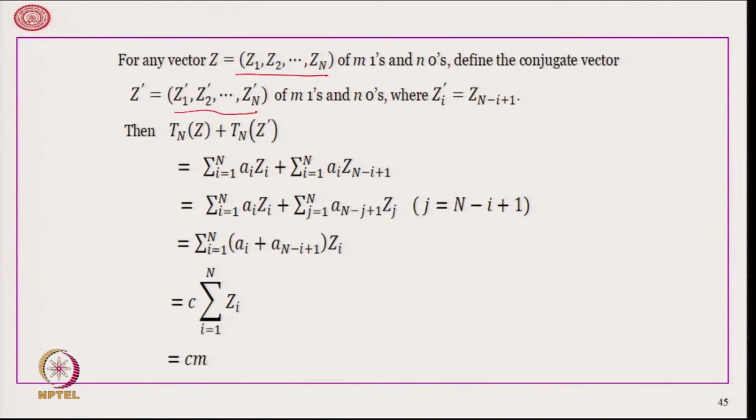2 prime, z n prime also of m 1s and n zeros, where z i prime is equal to z n minus i plus 1. Therefore, if this is the z vector, z prime is going to be the reverse of that.